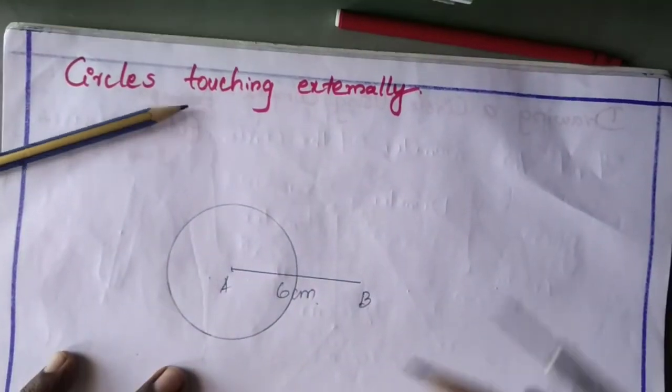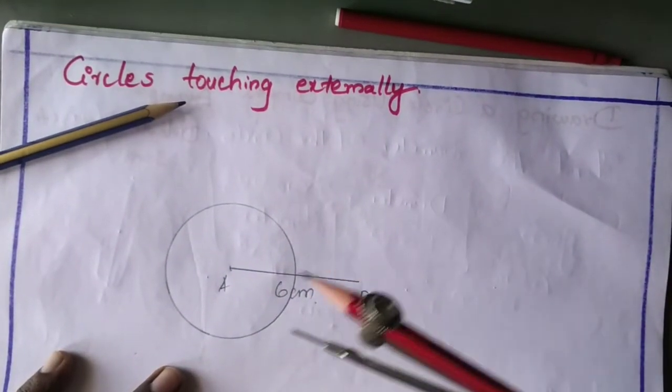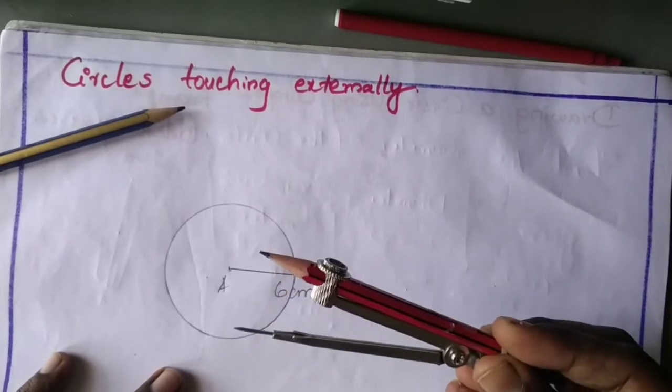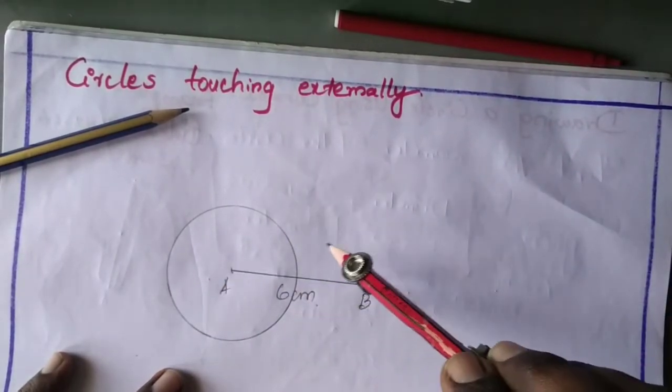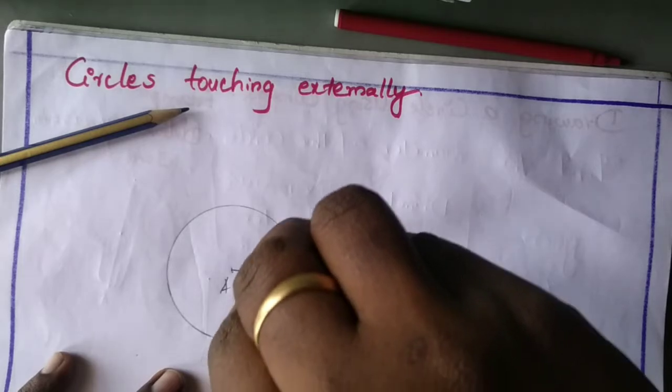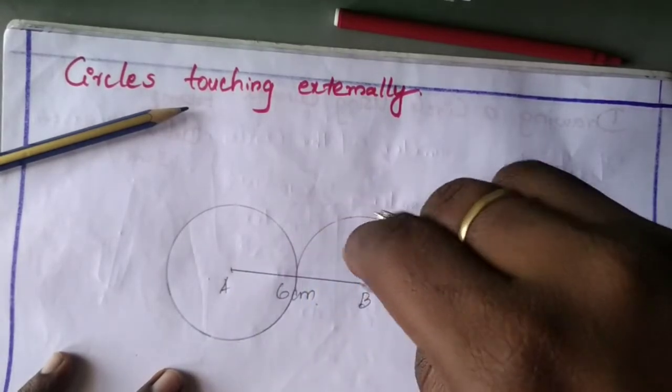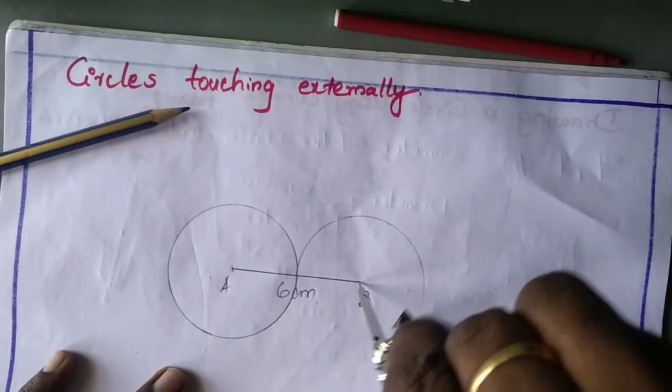Again with the same radius 3 centimeter, with B as center, I am going to draw a circle of 3 centimeter radius.